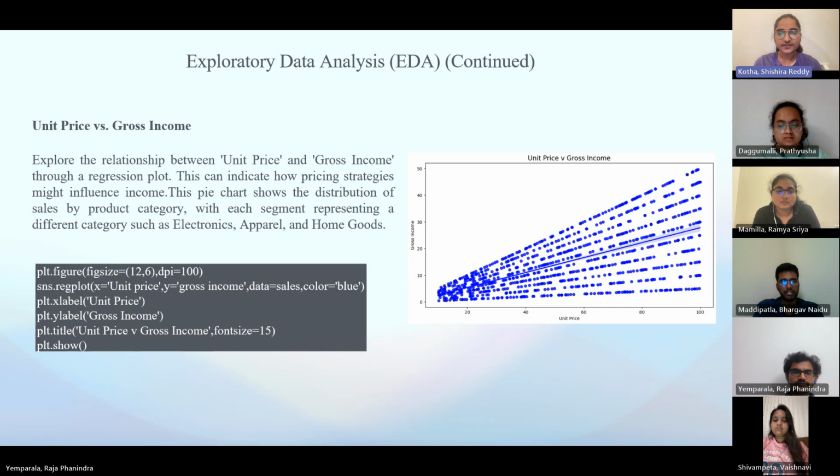For output, we can see the blue line on the screen. It indicates a positive trend, where higher unit prices are associated with higher gross income, providing insight into how pricing strategies might influence overall revenue.